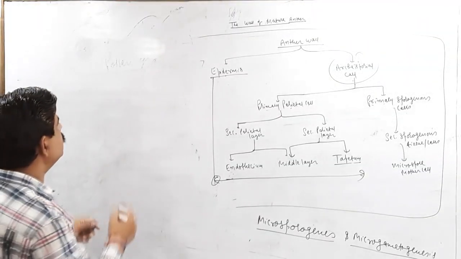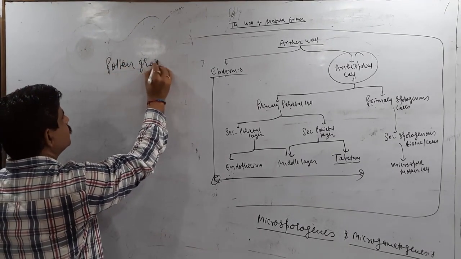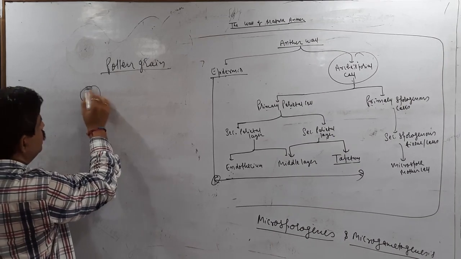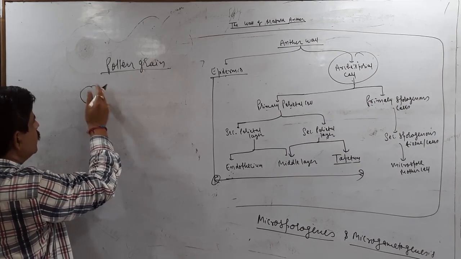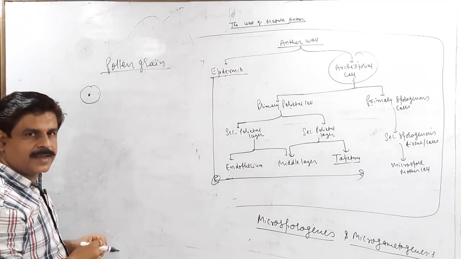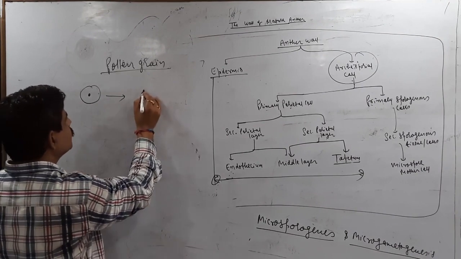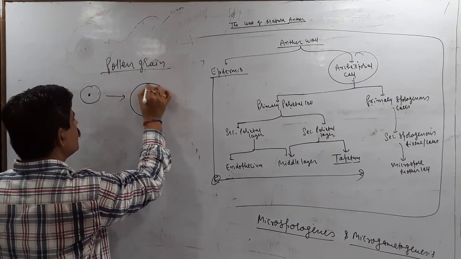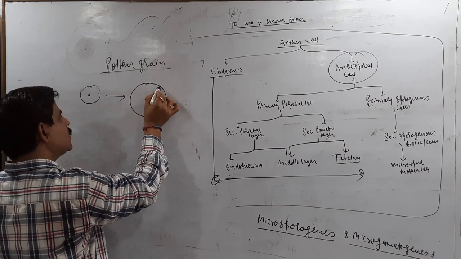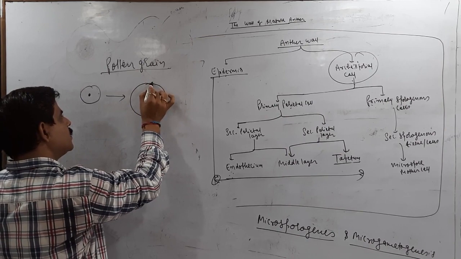Now I am drawing the structure of the pollen grain. Each microspore gets surrounded by 2 layers, that is, intine and exine. The microspore has its own plasma membrane.